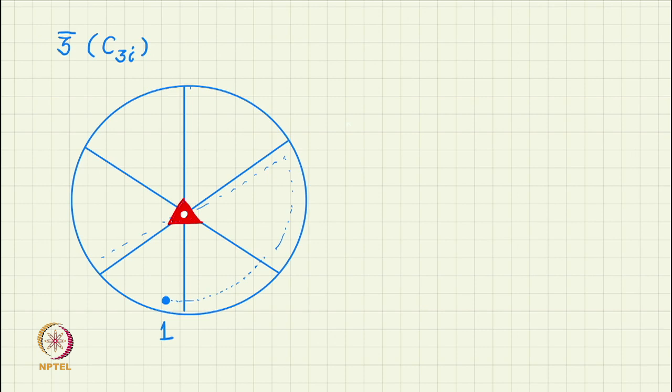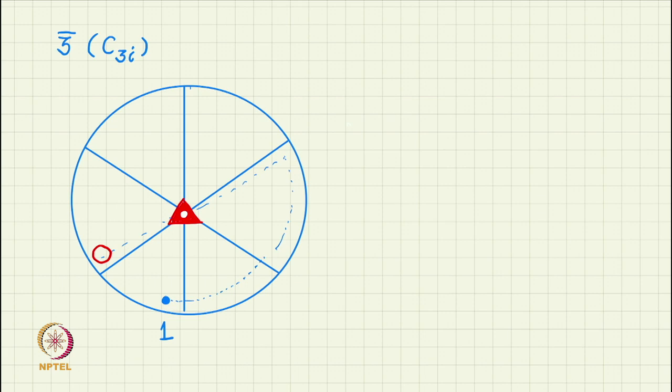Rotation part also did not change its level, it remained above the equatorial plane, but inversion took it down. So, I have an open circle at that location. So, effectively you can see that it is rotated 60 degree clockwise and then reflected in the equatorial plane.